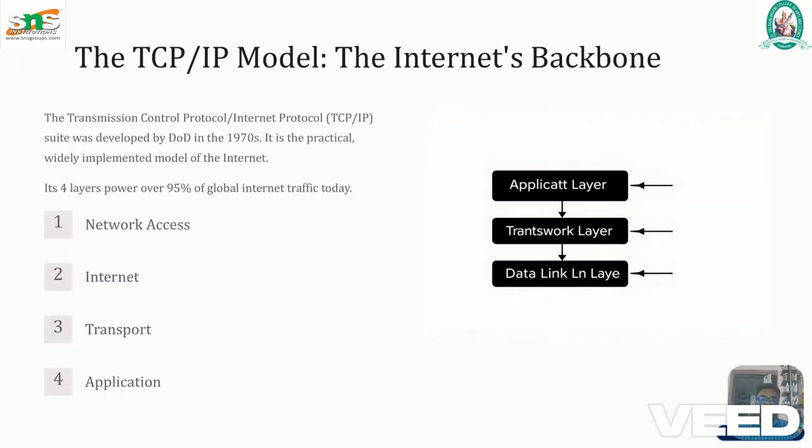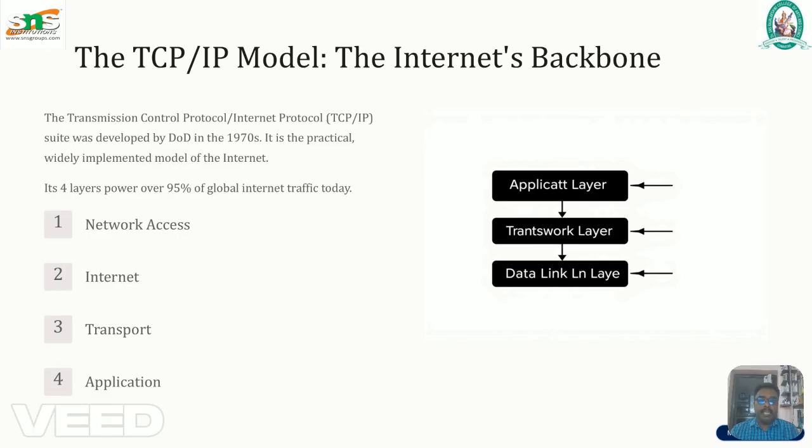Next comes the TCP/IP model, where the seven layers in the OSI model are transformed into four layers. So it also takes care of all the seven layer functionalities which we discussed in the OSI model, but here it is partitioned into four layers only. So this is called the TCP/IP, Transmission Control Protocol and Internet Protocol Suite, which was developed by DoD in the 1970s.